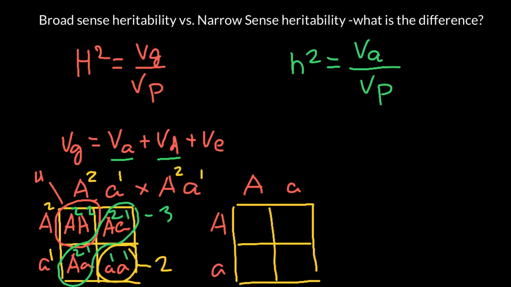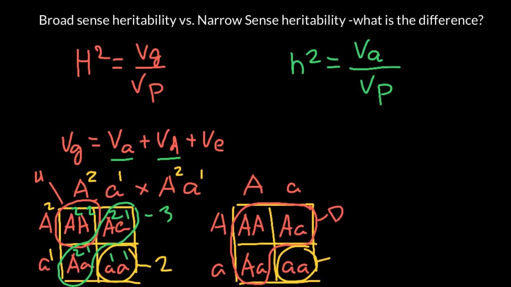And we are going to see almost the same picture. The same 3 genotypes, but only 2 phenotypes, because these 3 would make one dominant phenotype, and this one would make the recessive phenotype.